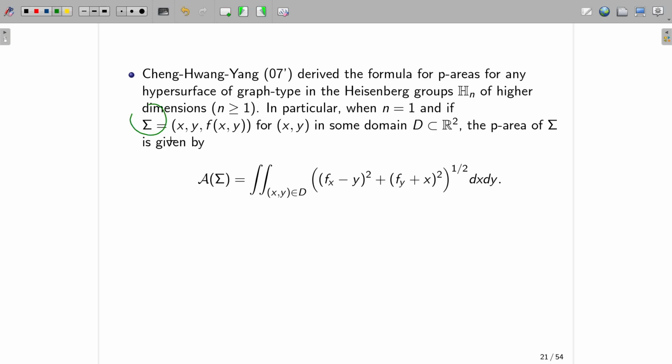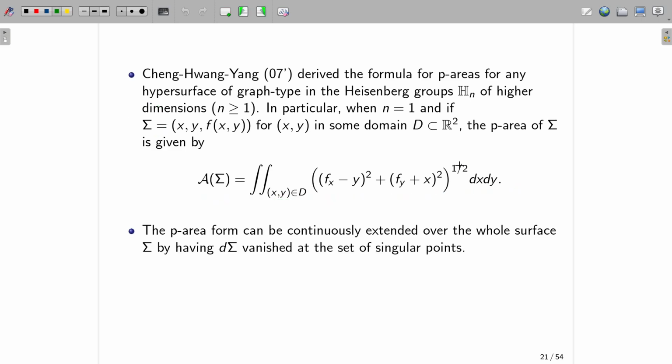The surface area of the graph type surface sigma can be obtained by the formula here. And the p-area form can be continuously extended over the whole surface sigma by having the p-area form vanish on the set of singular points.